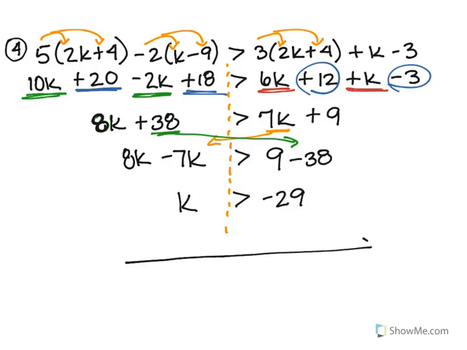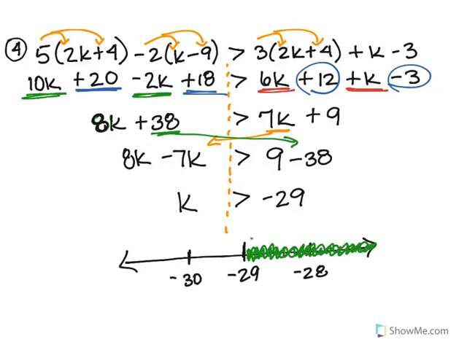And so if you're looking for the correct graph, negative 29 will be in between your negative 30 and negative 28. And it says greater, so your shade should be pointing towards the right of negative 29. And you should have an open parenthesis towards the shade.